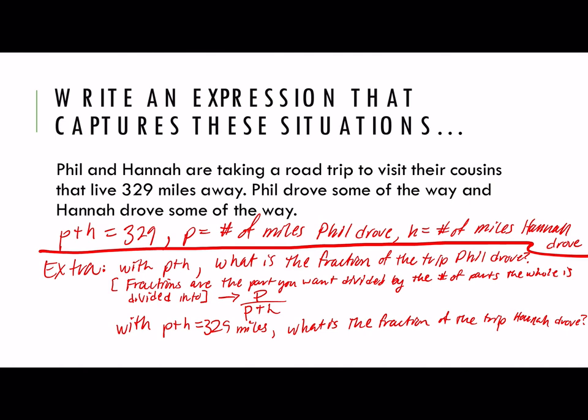So now we have a number to associate with the P and the H. You could do H over P plus H, or since we know what P plus H is equal to, we can do H over 329. Okay. So those are some fun extras that will probably be helpful later on.